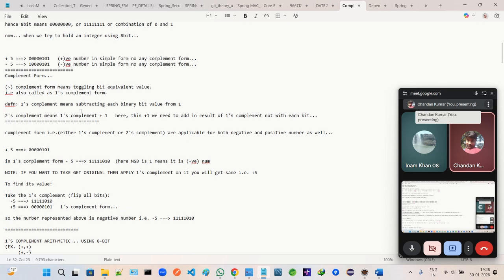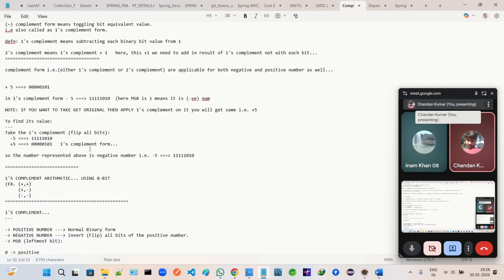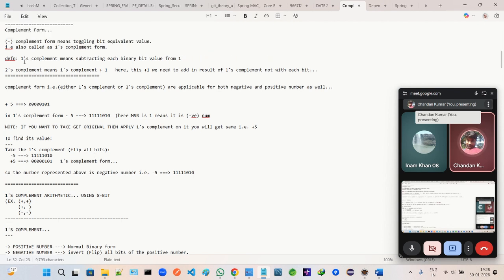Now next thing. So one's complement, you got the definition, right? And two's complement also you got that definition, correct? Remember, complement is applicable to both positive as well as negative values.